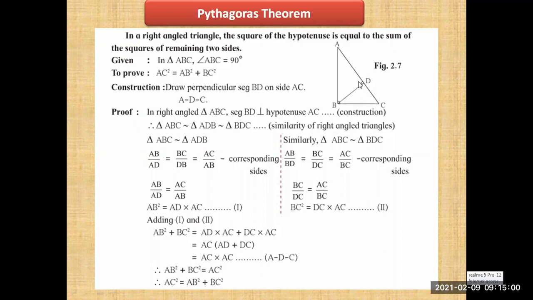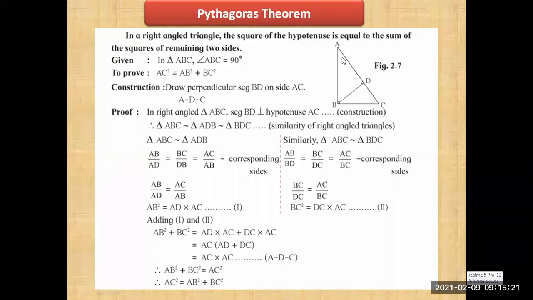We draw BD perpendicular to the hypotenuse AC. Then from the construction, we get A, D, C are collinear. Then we start our proof. So first consider triangle ABC. BD is perpendicular to AC by construction.